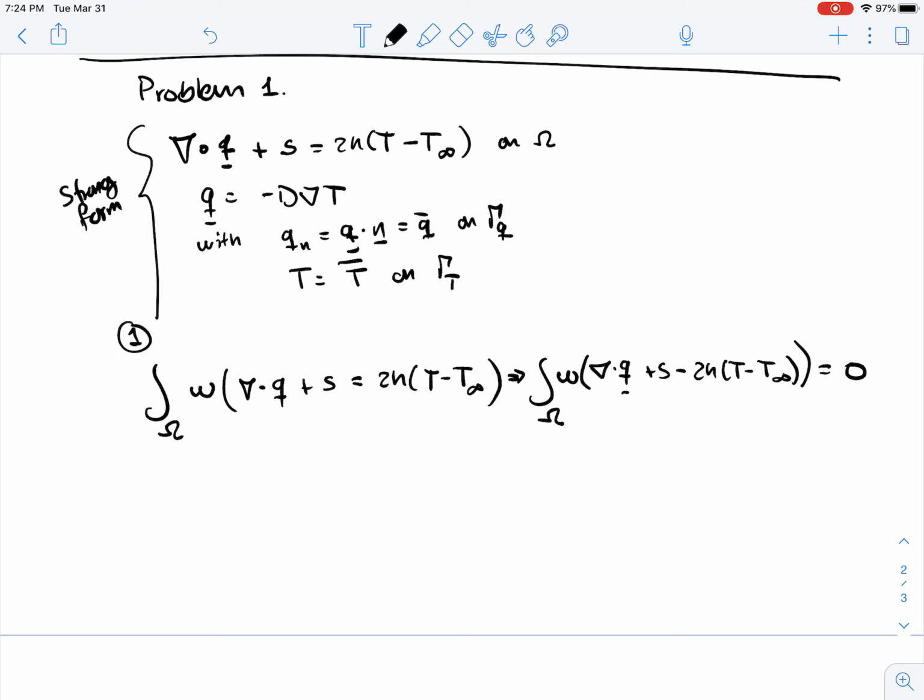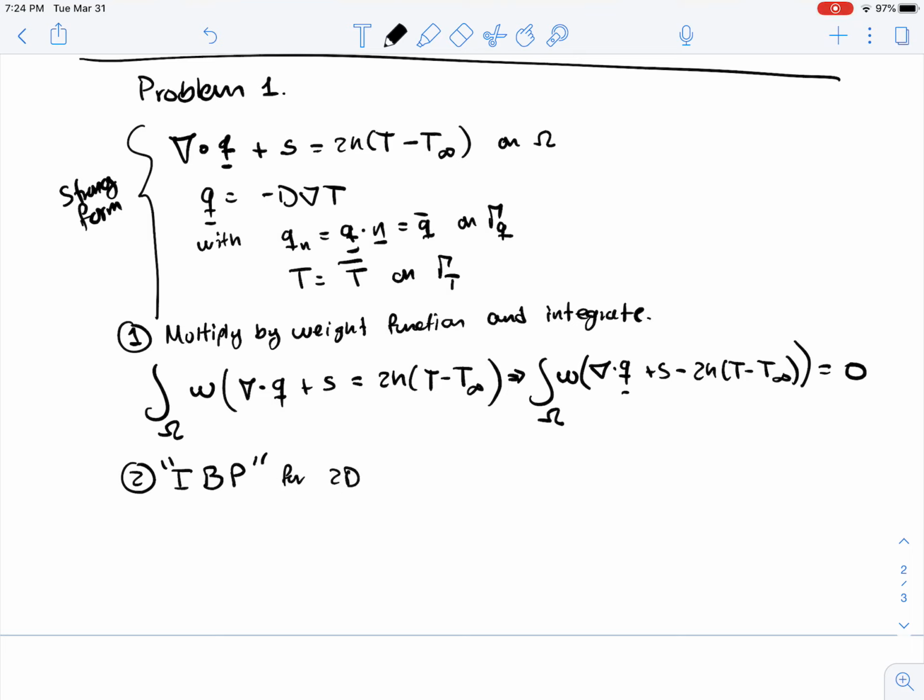So that's the first step. And then the next step is the integration by parts equivalent in 2 dimensions. So this is multiplied by a weight function and integrated. Then I'm going to put in quotes integration by parts for 2D. That's Green's formula. And similar to the 1D case, we don't need to use the integration by parts in all the terms.